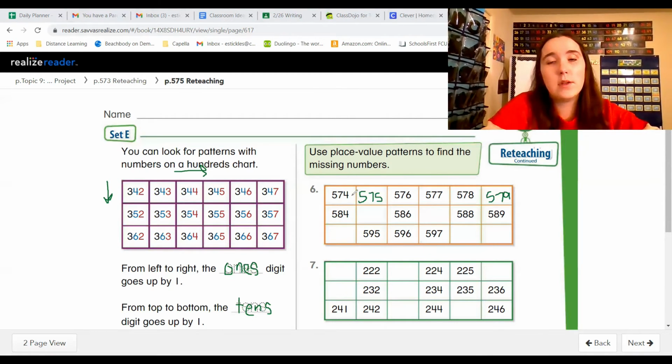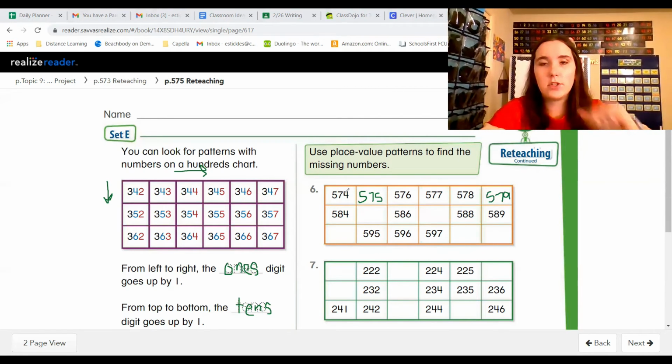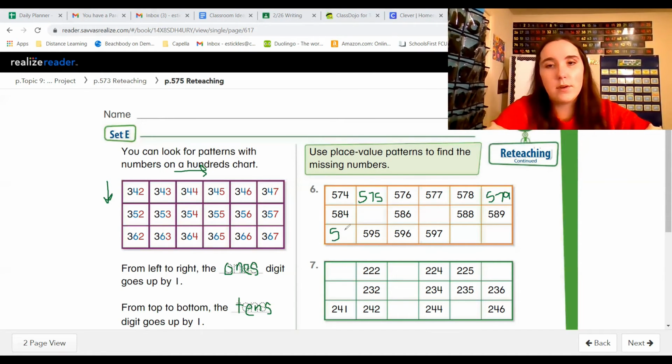So now we have to go down to the next row. Well, I could keep going the way I'm going and do 584 plus 1 is 585. Or I can get a little fancy with it. I can think in adding tens instead and go down my hundreds chart. So 574, 584, 594, because I'm going down, my tens would increase, but my other 2 numbers would stay the same.